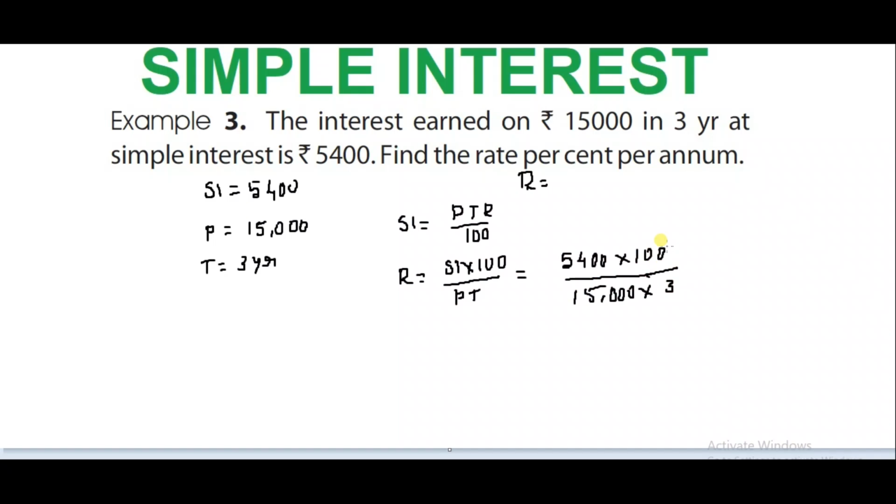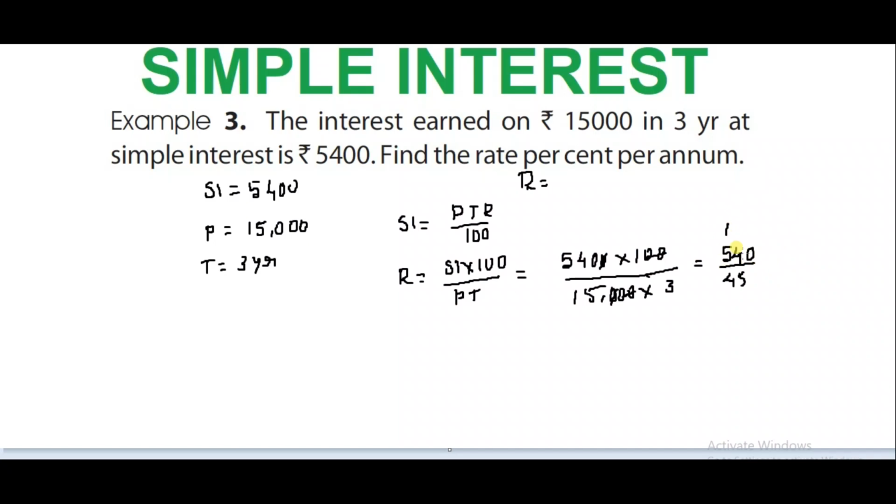Now cancel. Here these two zeros and these two zeros cancel. Next this 0 and this 0. 540. Now write remaining terms. 540 into 1. 540 by 15 into 3. 15 3 is 45. Now try to cancel these two terms in 5 table. 5 1 is 5.